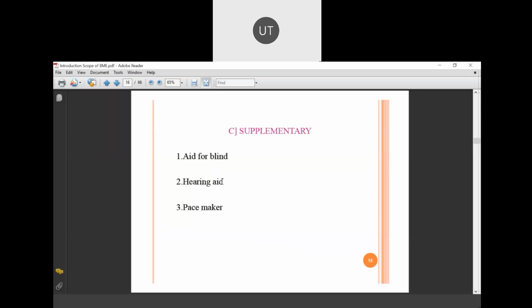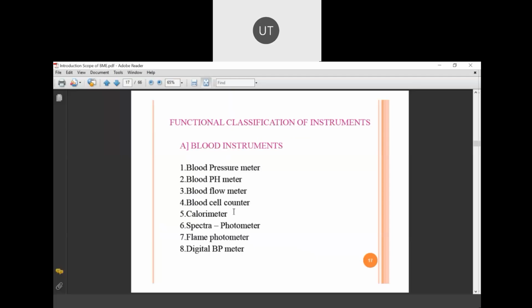Okay, so if the heart is beating fast, then that instrument takes care of it, so let's make it slow. That instrument will take over the pacing of the heart, make it proper, and then again give it back to the heart function. Okay, so you can say it is an interface. Okay, so we'll see how it will get done. Because a comparison has to be done between these two things, the heart and your instrument. If the heart is beating fast, then the pacemaker will take over. If the heart is beating normally, then the heart will take over. Okay, so the comparison will be done over there.